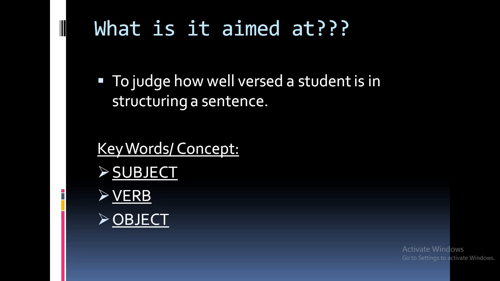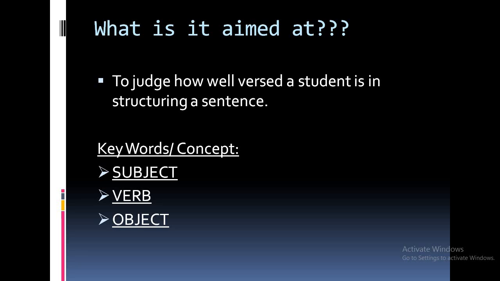Now, as we are teaching through these videos, I'm not getting any scope to have an interaction with you. Otherwise, I could have made out how many of you know the structure of the sentence properly. Okay, there are many who are still confused whether it will be SVO or SOV. Now, what is SVO and SOV? Here are the key words or concepts which you need to make very, very clear.